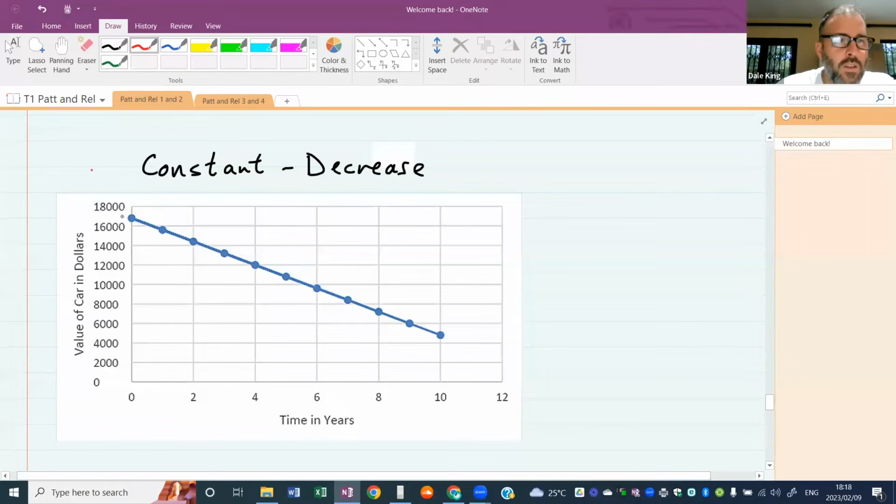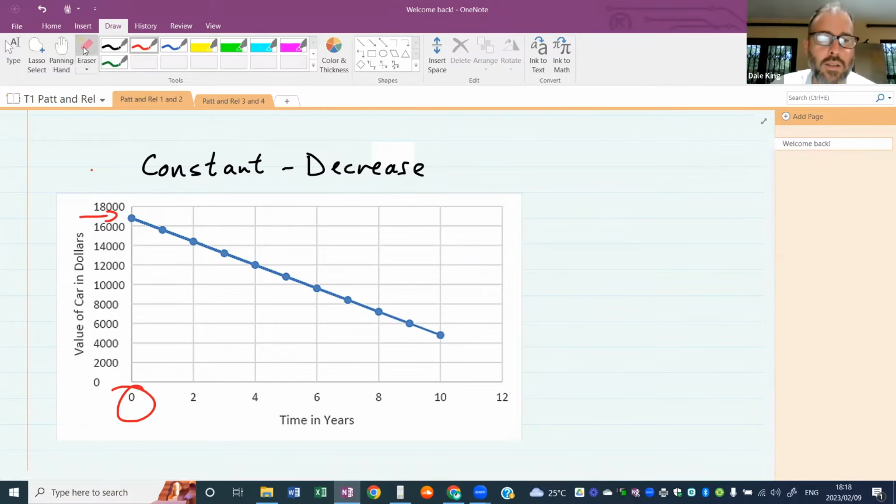Okay, so this value here at the top where we're starting, 17,000 US dollars, is in relation to the time at the bottom in years. So here we have 0 years, and the car is 17,000 US dollars. So when you buy that car, that's the purchase price. But after a year or two, the value of that car starts to decrease.